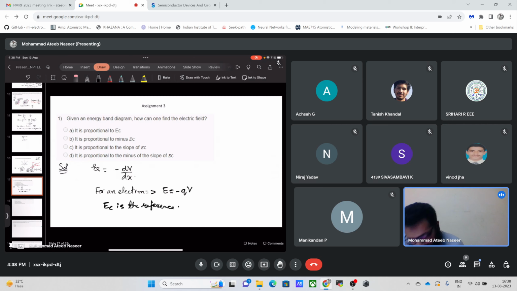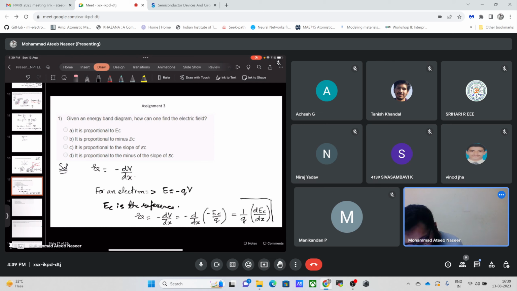So it would mean simply that this electric field E is equal to minus dV by dx, or it is equal to minus d by dx of minus Ec by q, since we have taken this Ec, the conduction band edge, as reference. So it is 1 by q, because q is the electronic charge, the elementary constant, times dEc by dx.